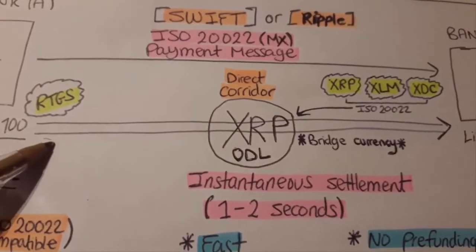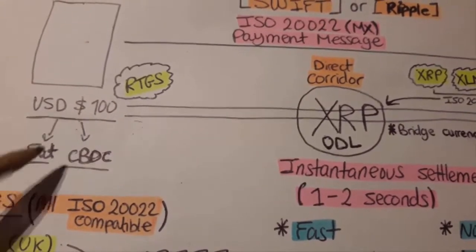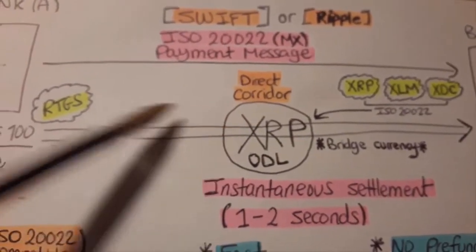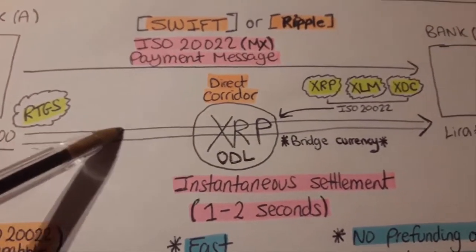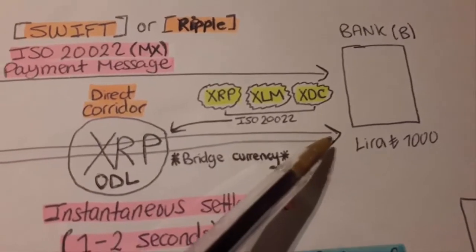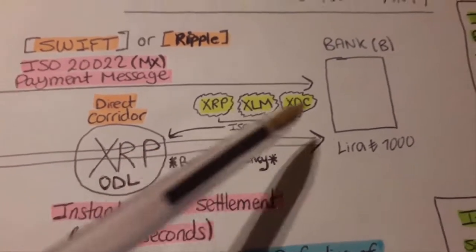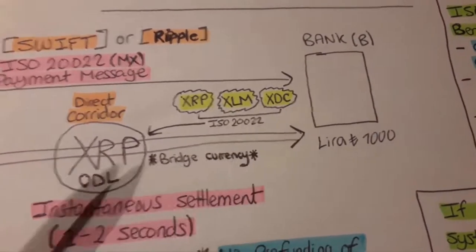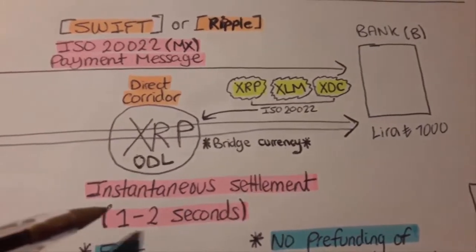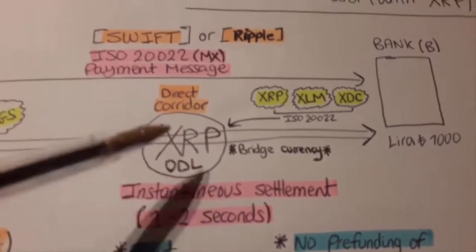What it basically does is convert the 100 USD, whether it's a fiat currency or CBDC, into XRP, and then XRP is sent across to the bank in Turkey, and XRP is a bridge currency. It's converted into Turkish lira, and it's all done instantaneously, so it's an instantaneous settlement, and it can take about 1 to 2 seconds.